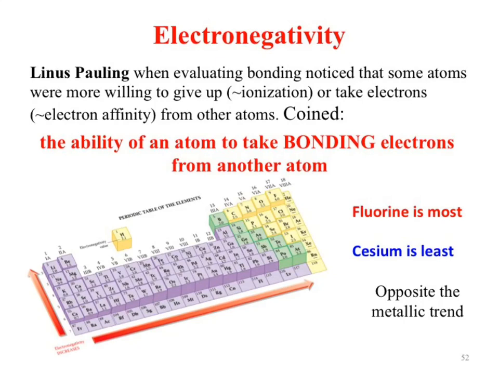That type of bond means that fluorine is literally reaching into cesium and taking all of the electrons away. Well, if fluorine takes the electrons away from cesium, fluorine has gained electrons. What charge does it become? Negative, because electrons are negatively charged. What charge does cesium become? Positive because it lost an electron.